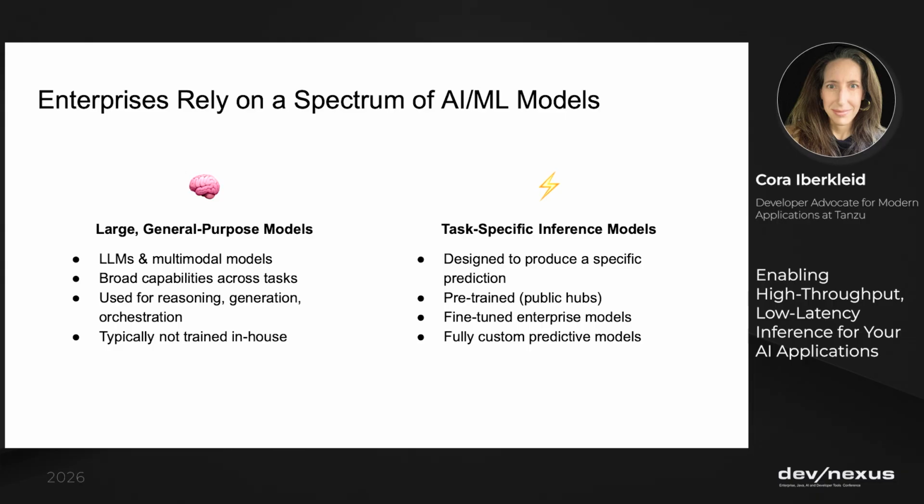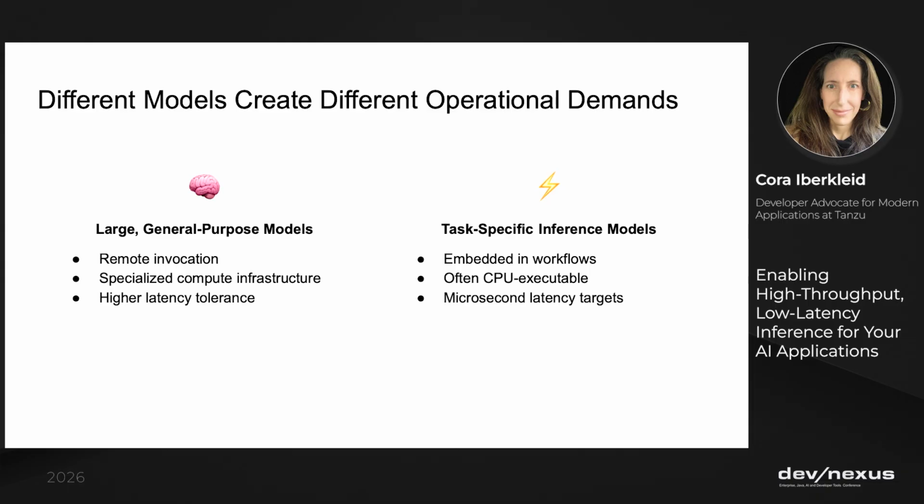You can also get these pre-trained. You can obtain them from providers outside of your organization, or maybe your data science team is in the business of making these inside of your organization, right? But operationally, these are very different when you think about using these in production. The large language models are going to be a remote invocation generally. If you're hosting one, it requires special infrastructure, special GPUs, for example.